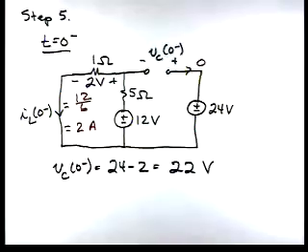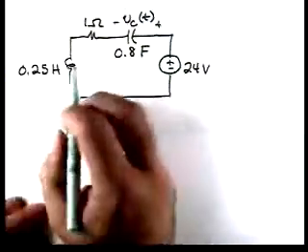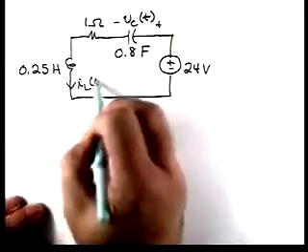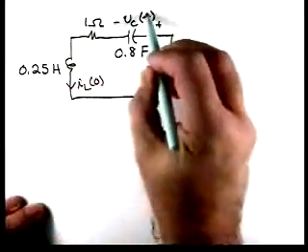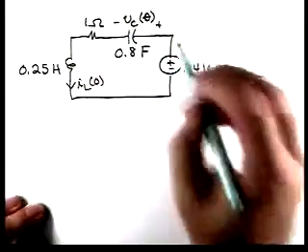Okay, so let's look at this circuit. And what I'm going to put on here is, well, okay, here is IL of 0. We're going to look here at VC of 0.